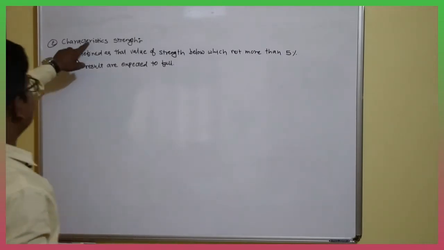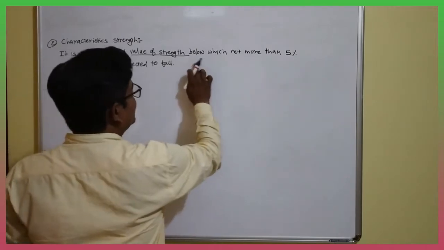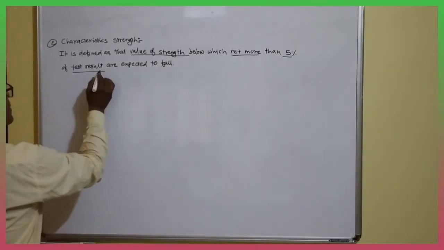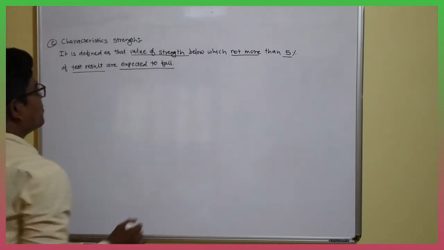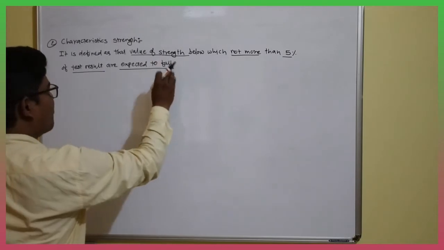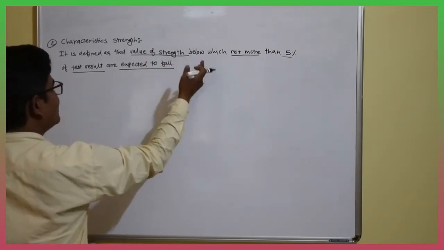So characteristic strength means what? It is the value of strength below which not more than 5% of test results are expected to fall. Means there is a 95% probability that the value of strength is achieved.